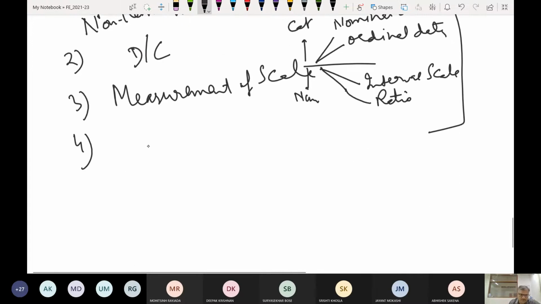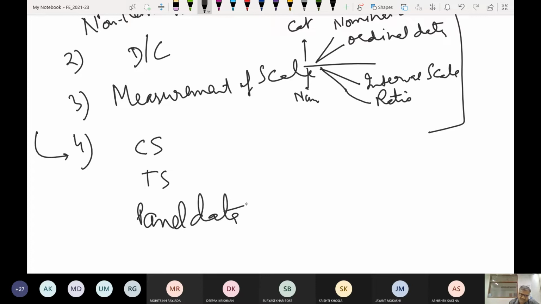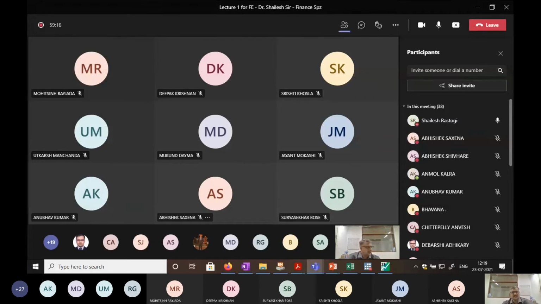Fourth, which is the most important thing, and this is something I intentionally wanted to talk about: I would like to divide data into cross-section, time series, and panel data. How many of you understand this? When we talk about finance, we are dealing with this type of classification. It makes more sense when we talk about applying statistics or econometrics to solve real-life business or finance problems.